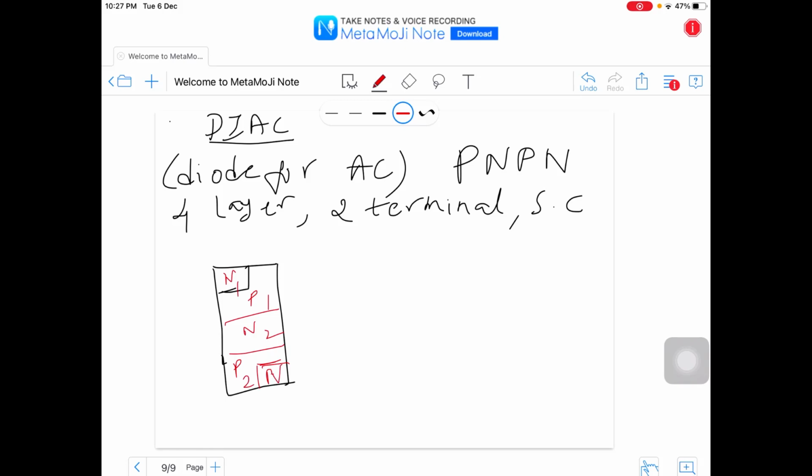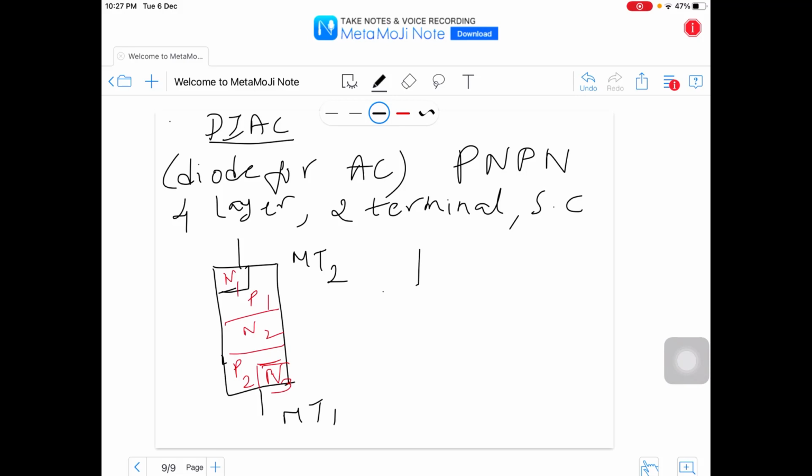This is N3. Let me consider this terminal as MT1 and this as MT2. These are the two terminals.